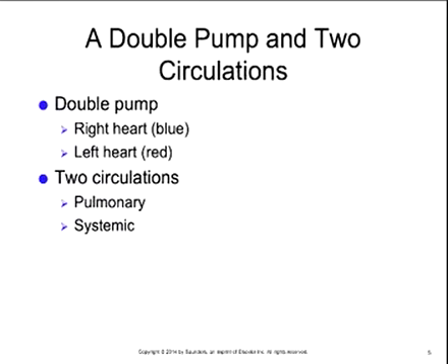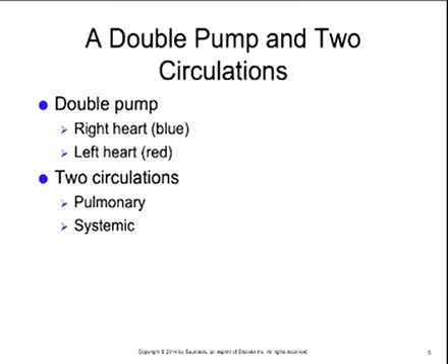The right atrium is going to send the blood into the right ventricle through the tricuspid valve, which is a one-way valve that only opens into the lower chamber.